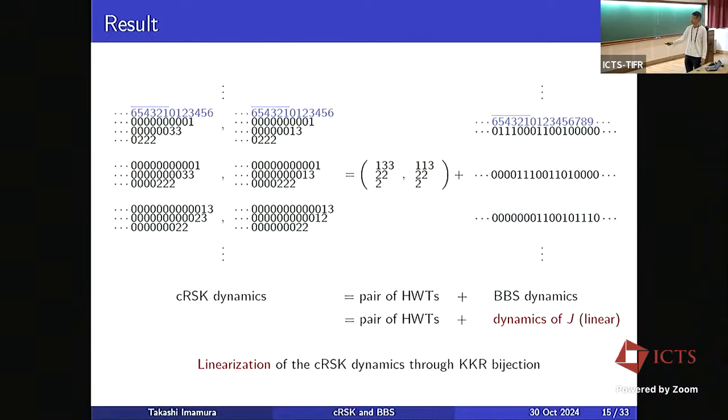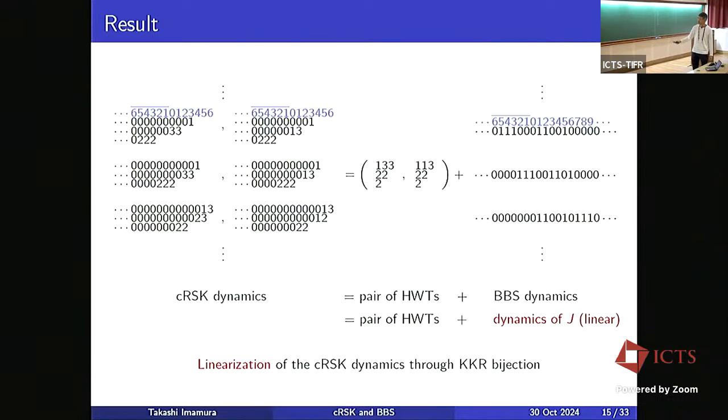As you said, the BBS dynamics can be linearized by the KKR bijection, so this can be rewritten in this form. It is a pair of HWTs plus the dynamics of J. From the KKR bijection we get mu and J, but according to our algorithm, mu already appears in the shape of the HWT, so we can omit mu and keep only J here.